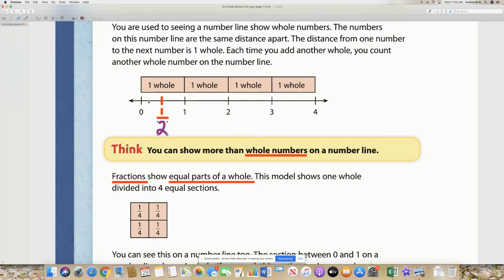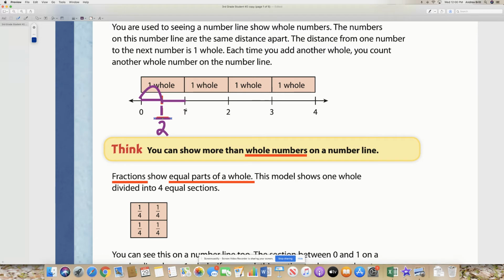And this point right here is at the first part of it. So we land right here, which is one out of the two equal parts, okay?